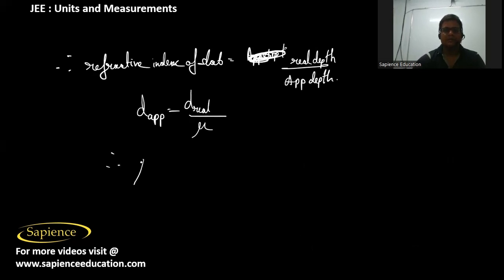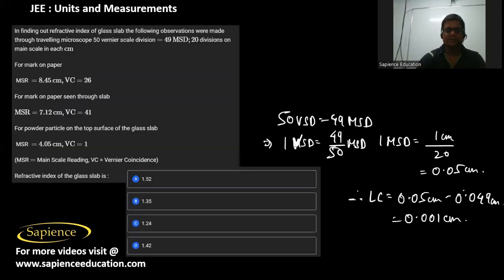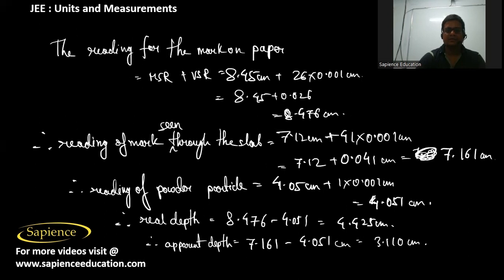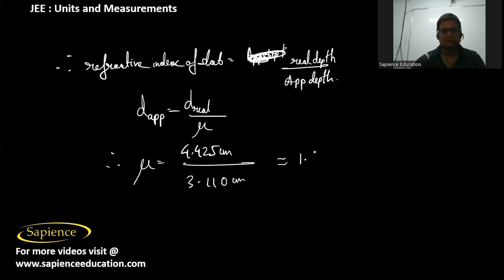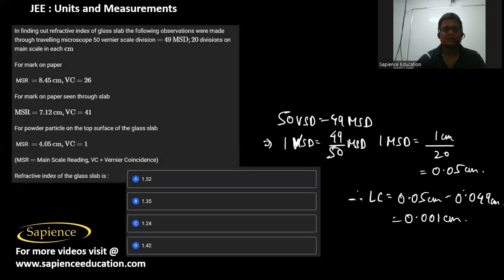So therefore the refractive index mu will be equal to the real depth we have found, 4.425 centimeter, divided by the apparent depth, that is 3.110 centimeter. If we solve it, we will get approximately 1.42. Therefore, the approximate value of the refractive index of the glass slab is 1.42. So option D is the correct answer.